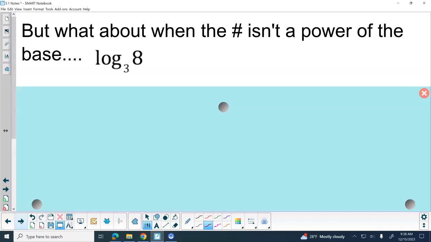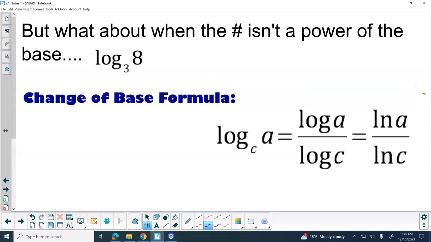Okay? So we have something in our tool called the change of base formula. This also should go on your supplemental note sheet when you get a chance. There are 2 different parts to this one. The first part is something called log without a base.